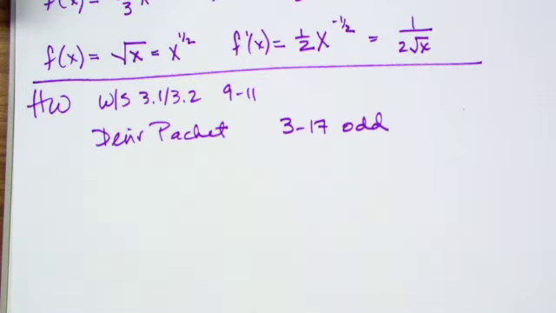In this particular textbook, it's called section 2.2, so if you go to the back of the packet, you will see section 2.2 and the answers there. So we're doing 3 through 17 odd, and 9, 10, and 11 in that other packet, interpreting the derivative. Have those done tomorrow.